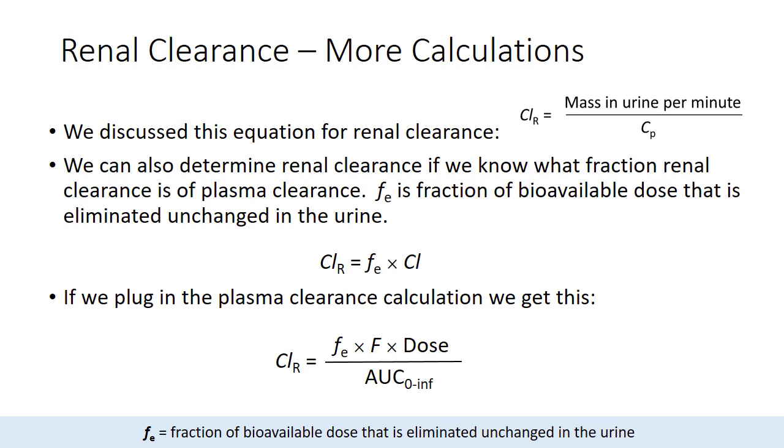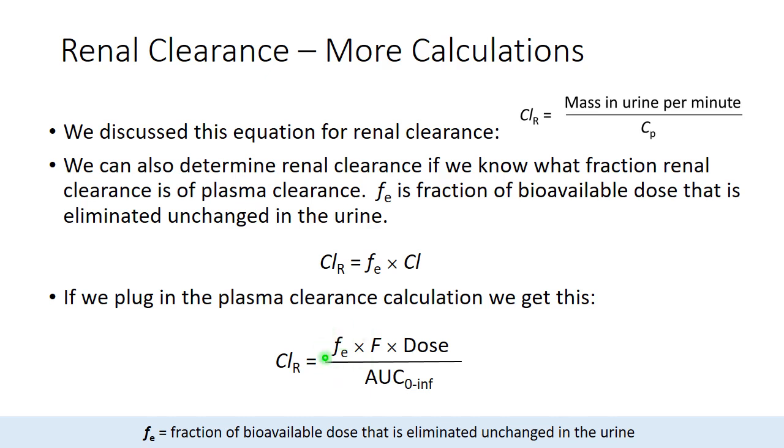So essentially, it's the same equation as the plasma clearance, except this is the fractional excretion by the kidney. On the right side here is all plasma clearance. What fraction is renal clearance of plasma clearance? That would be that value, usually 1 or lower.